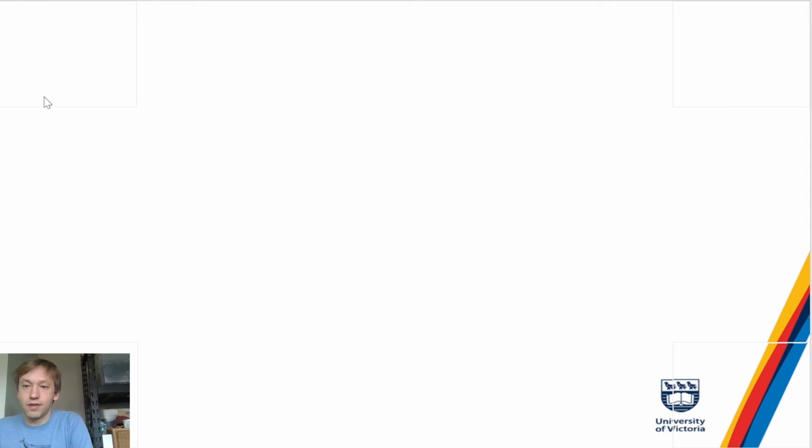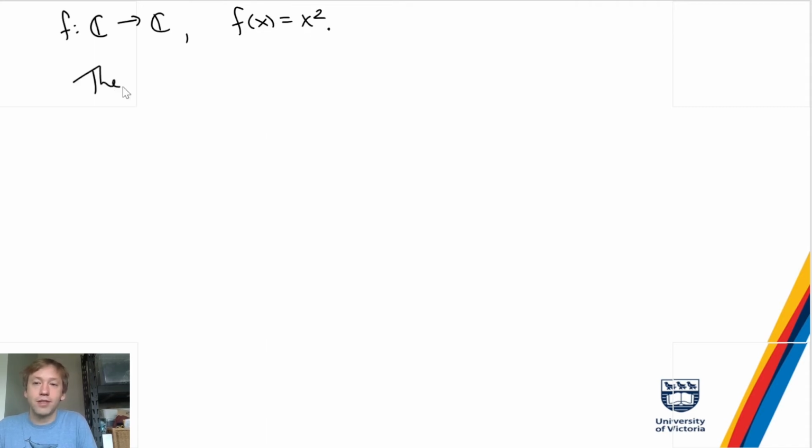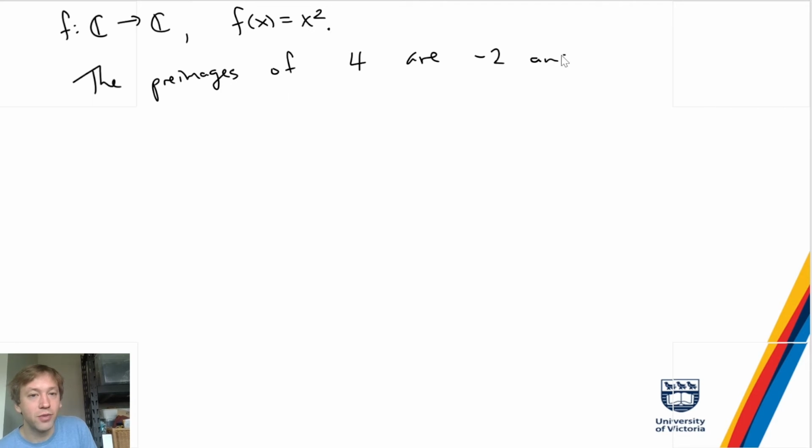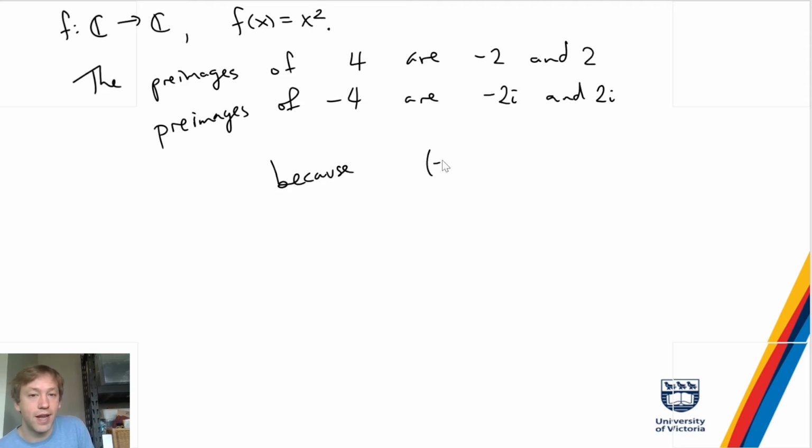So maybe I'll do that as an example. If we take f from the complex numbers to the complex numbers such that f of x is x squared, then the preimages of 4 are still -2 and 2, and now the preimages of -4 are -2i and 2i, because if I take -2i squared, I get -4, and if I take 2i squared, I get -4.